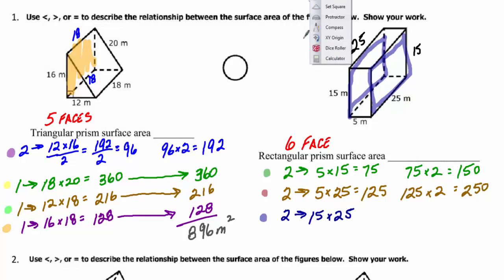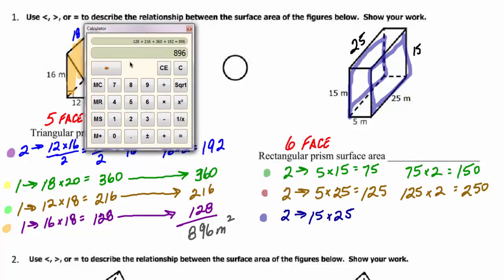I'm going to use my calculator for this one. All right, 15 times 25. So each of those is 375. 375 times 2 is 750.